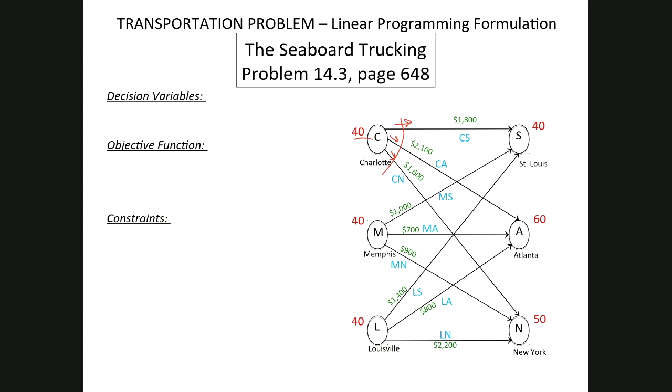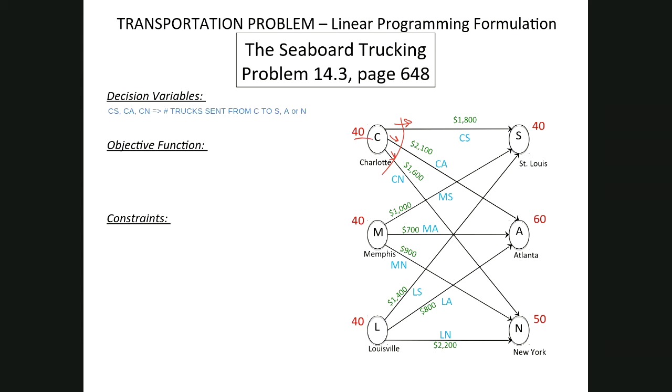CS, CA, CN represent the number of trucks sent from location C, Charlotte, to either S, A, or N. Hopefully, this makes a little sense to you.